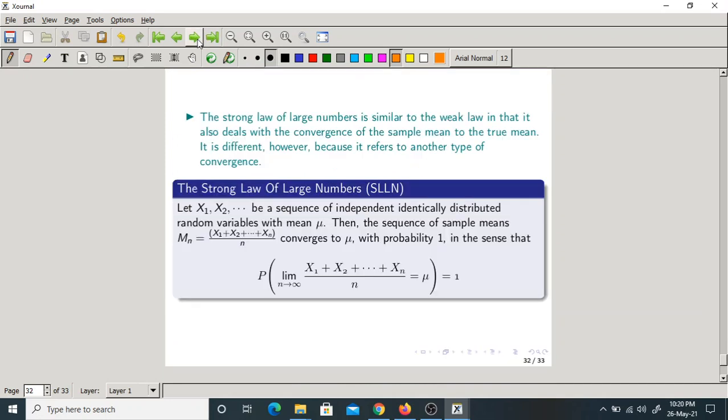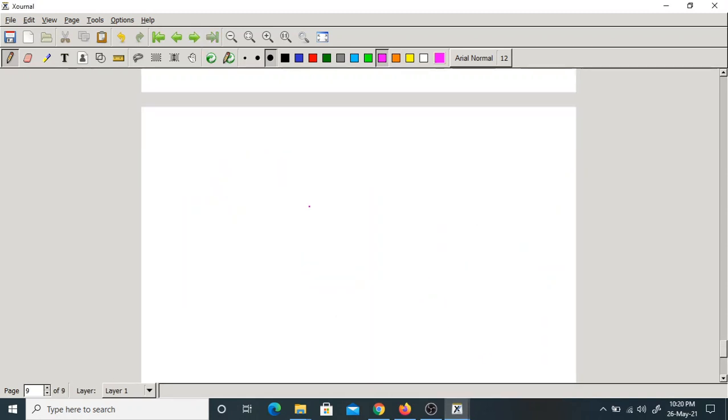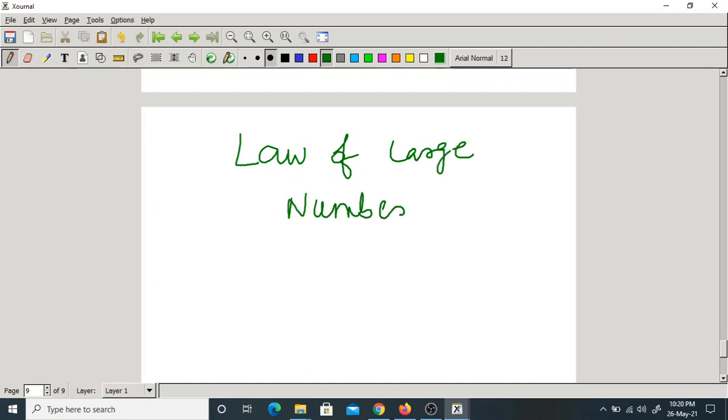Now, here we'll discuss the law of large numbers. As I mentioned in the last class, there are two types, weak and strong.